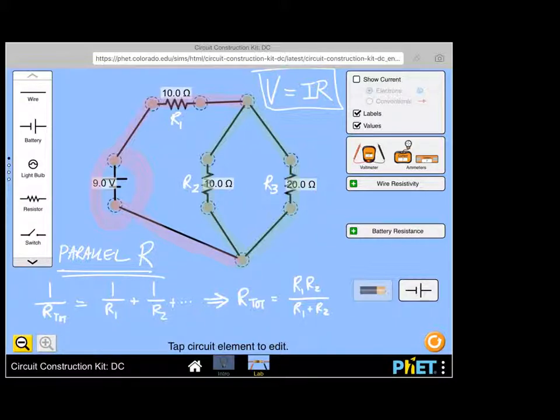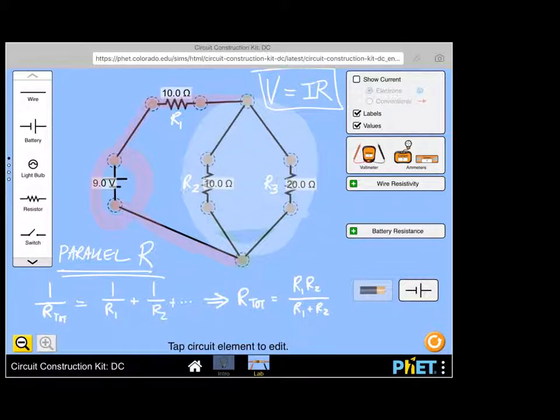So what we're going to need to do, before we can figure out what the current in the circuit is, because we know what the voltage is, there's one power supply, it's a 9-volt power supply. We need to figure out what would be the equivalent resistor for this parallel network.